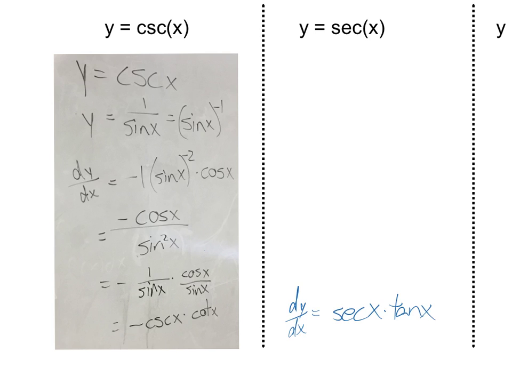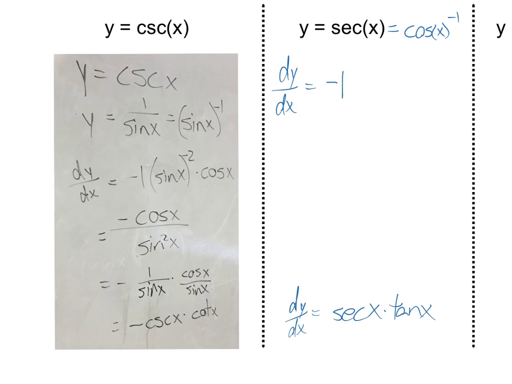So let's actually do that. Secant is the same as 1 over cosine, right? Which is the same as cosine x to the negative 1. So if I'm taking the derivative here, I have to use what rule? Chain rule, all right?